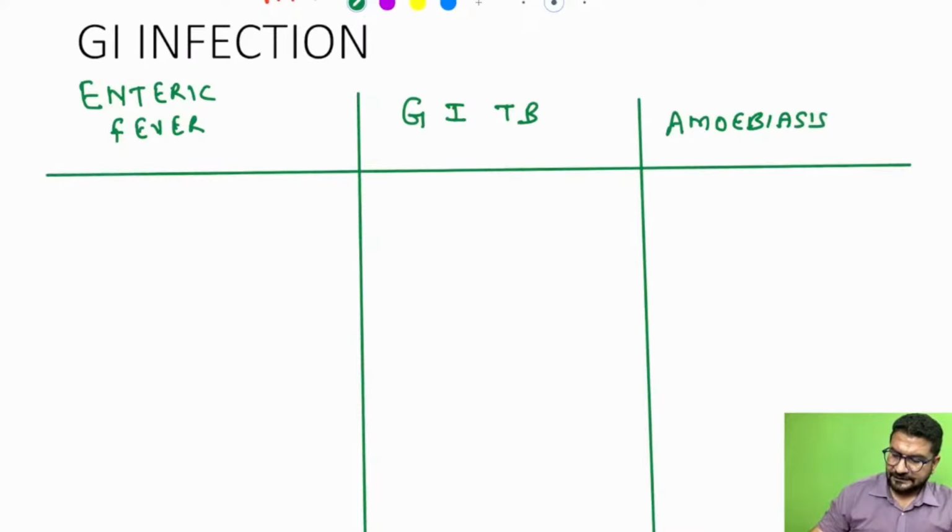So now try to understand this thing. So what type of question they ask you in exam? Whenever we see a patient with enteric fever, they ask you which type of ulcers you will see in enteric fever. So कौन से ulcers मिलते हैं? So in enteric fever you will see longitudinal ulcers.